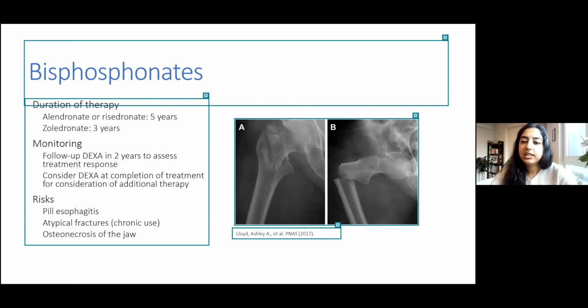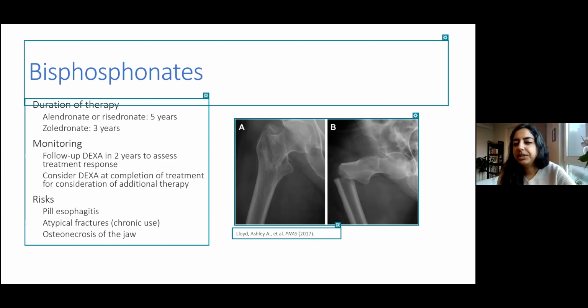Duration of therapy for bisphosphonates is really important. The reason is there's a lot of evidence showing harm of continuing your bisphosphonate beyond the recommended duration of therapy, and that's related to atypical fractures. The figure here, letter A on the left, shows the typical femoral neck fracture going across the femur.